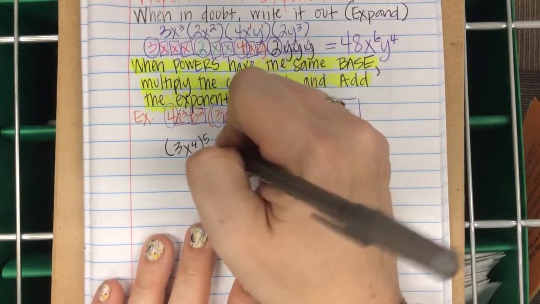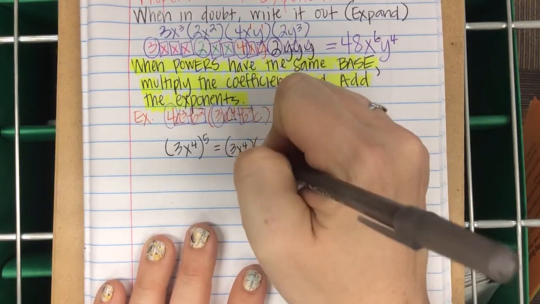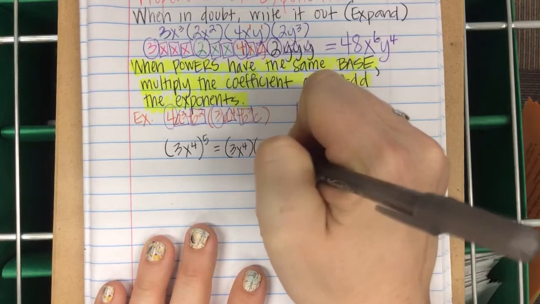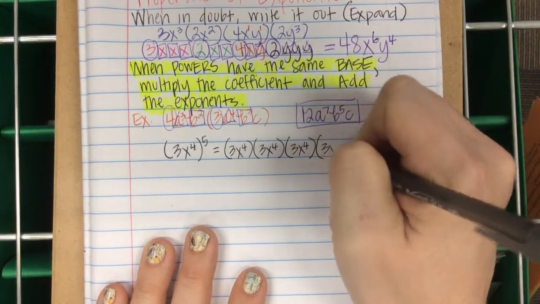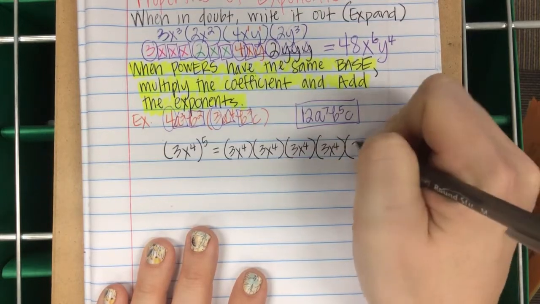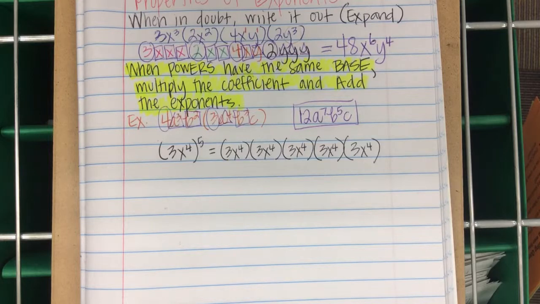So when in doubt, write it out. What does this mean? It means 3x to the 4th times 3x to the 4th times 3x to the 4th times 3x to the 4th times 3x to the 4th. Right? It means 3x to the 4th, 5 times.